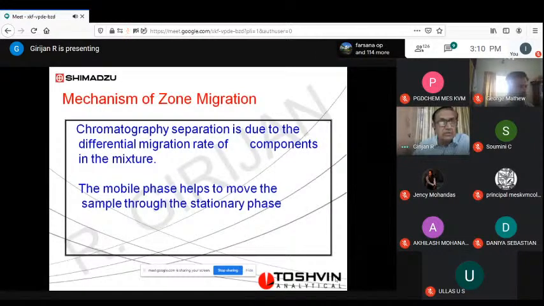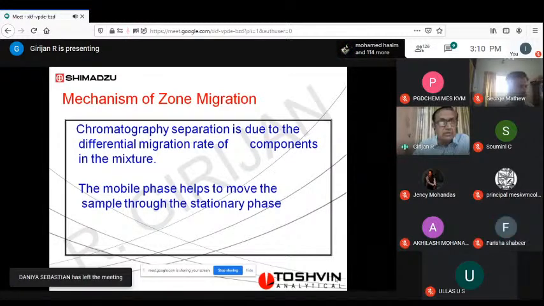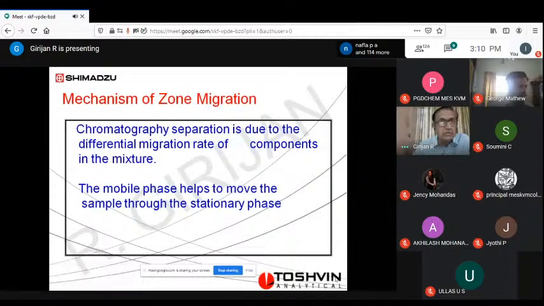So a compound which has a larger degree of affinity toward the stationary phase will move at a much slower rate, and a compound which doesn't have that much affinity will move at a greater speed. That means depending upon the degree of liking, these two compounds are moving at two different rates.